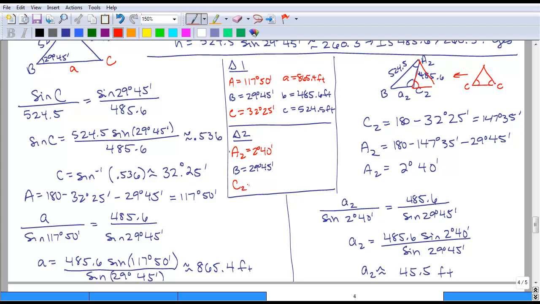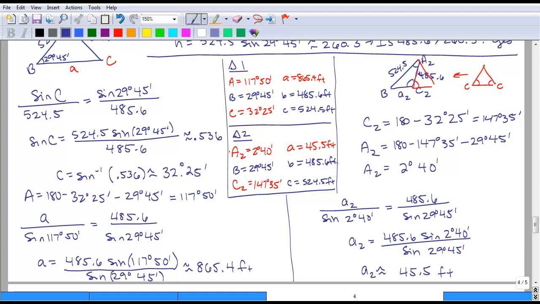And C2 we found to be 147 degrees 35 minutes. Now side A we just found to be rather small, 45.5 feet, at least compared to the other two sides, which were given as B, 485.6 feet, and side C, 524.5 feet. So those are our two triangles.